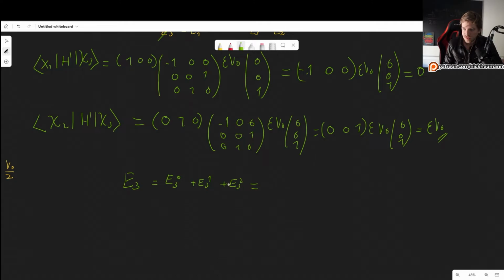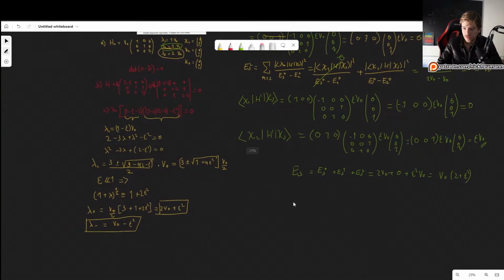But what are these things? E3 unperturbed is 2V0. The first correction is 0, and the second correction is epsilon squared V0. So basically, if we factor this out, we get V0 times the factor of 2 plus epsilon squared.